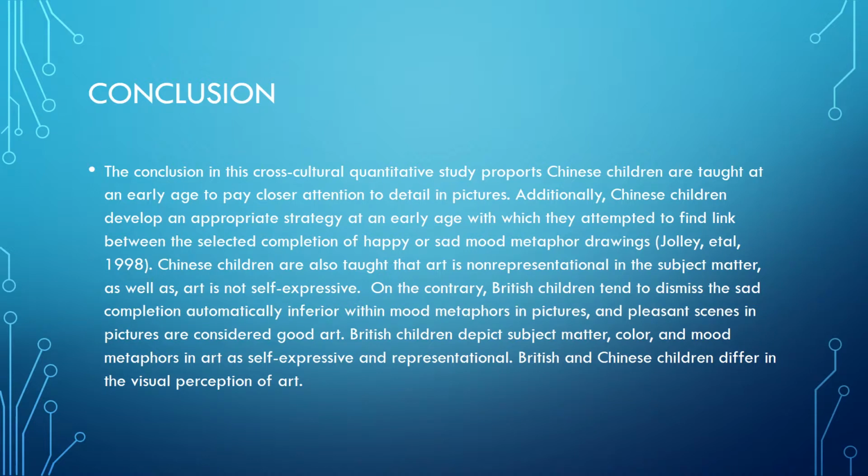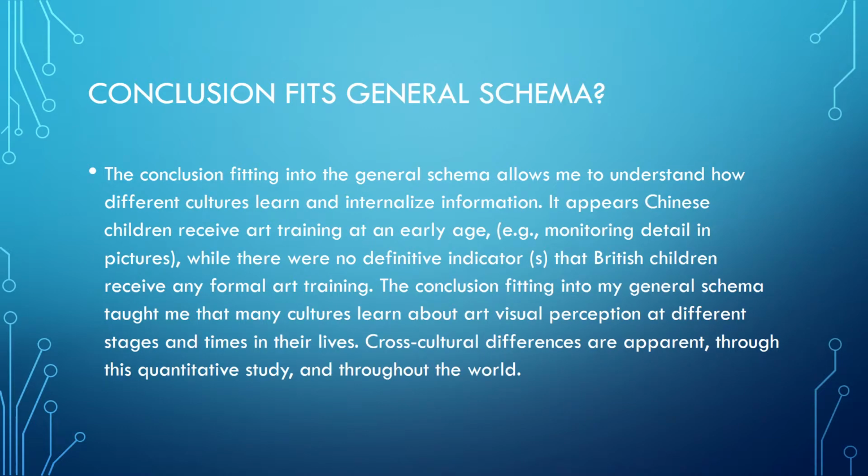But their thought process is anything that's sad is always sad, and anything that's happy is always a good picture. Additionally, British children depict subject matter, color, and mood metaphors in art as self-expressive and representational. British and Chinese children differ in visual perception of art.